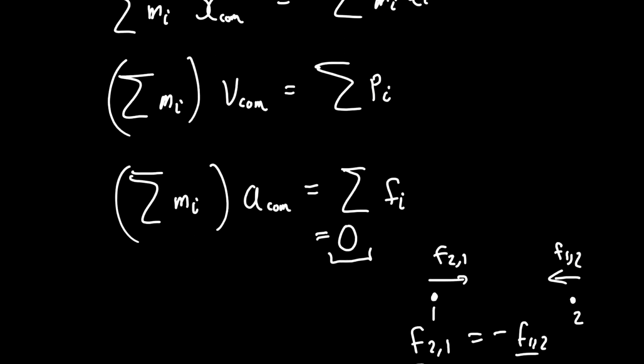That means if we integrate up, the sum of the momentum needs to be constant, which is something you already know. But more importantly, the velocity of the center of mass is going to be constant. So if we just move our reference frame with the same speed as the velocity of the center of mass, we will have the center of mass stationary.